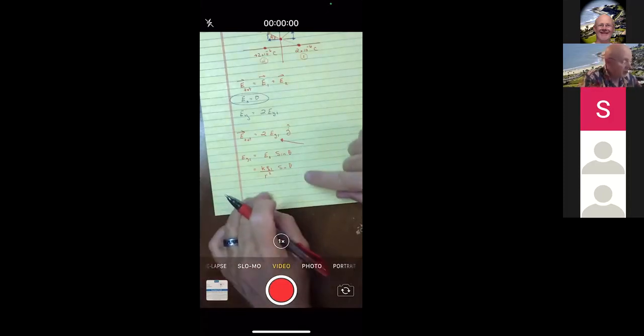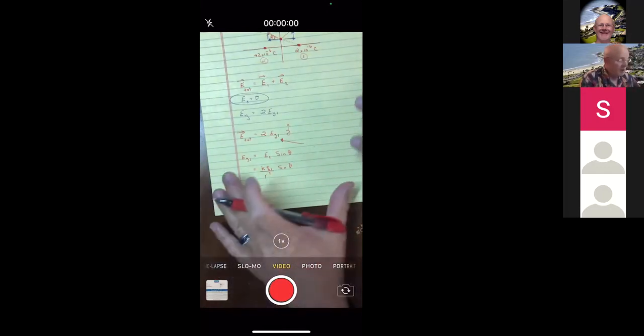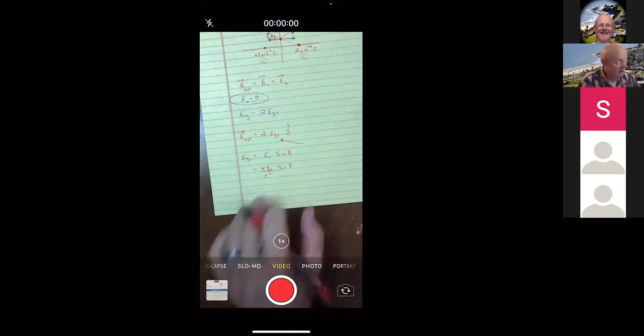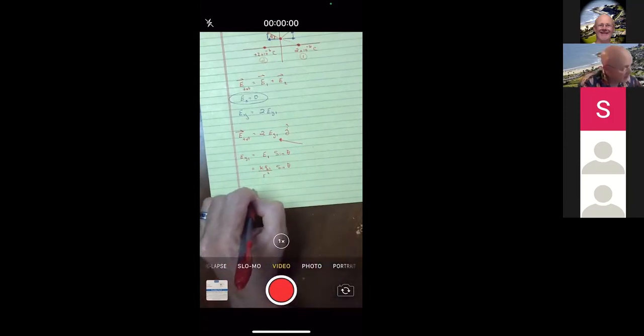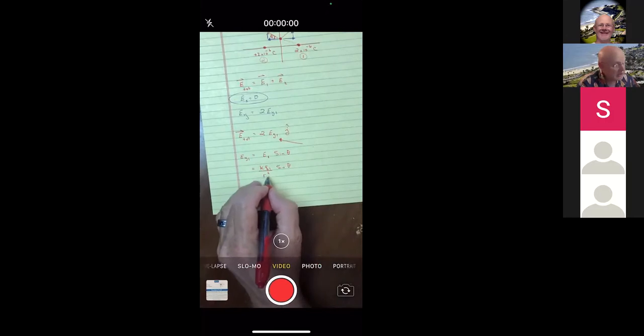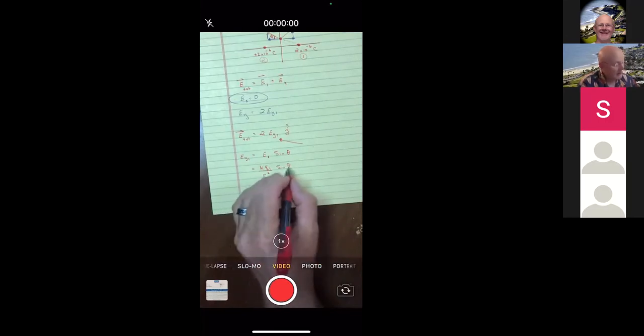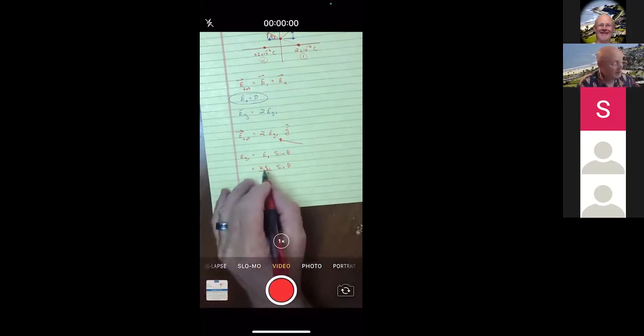So I'm going to put those in. I might want to do a little side calculation and figure out, the same as we did before, what is the distance away and what is the angle? I'll start with the distance away.